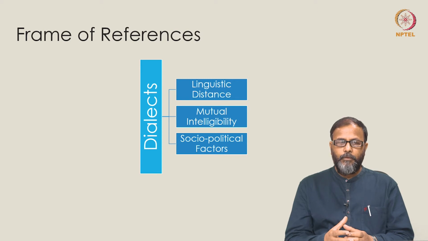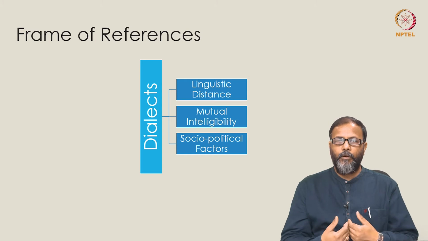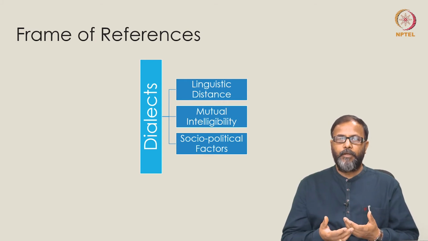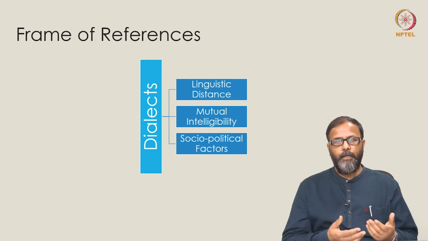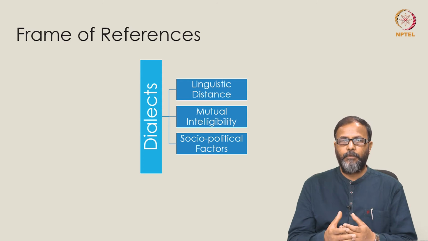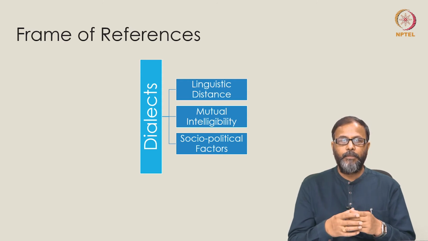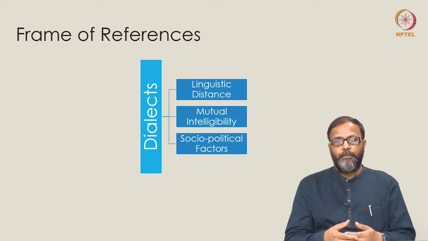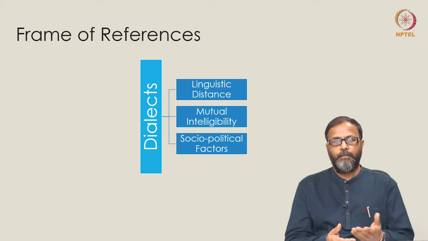All speakers, as speakers of a particular language, speak a particular variety. But that particular dominant variety becomes the standard language by institutional interference, and it becomes a language. So there is no linguistic difference. There is no linguistic argument on the basis of which we can determine the status of a language as a dialect or standard language.